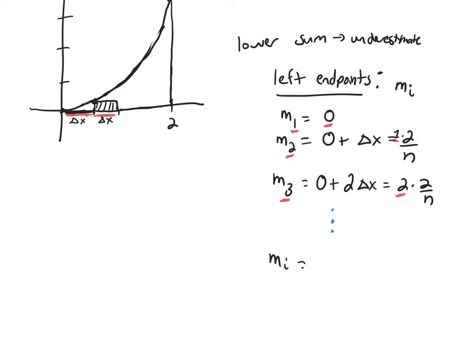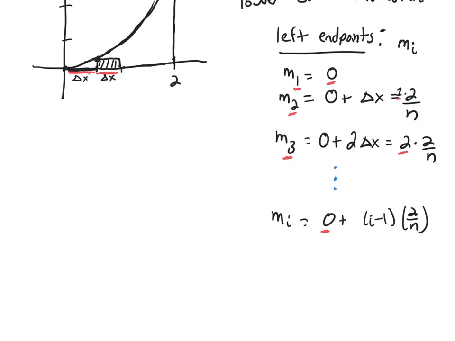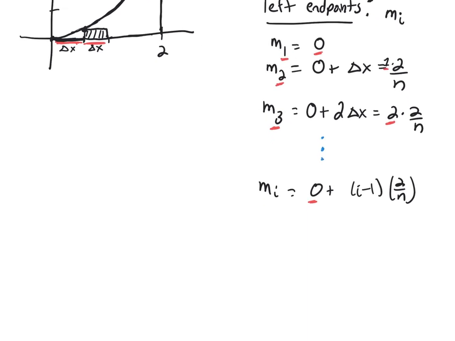So it's always 1 less, so it's going to be 0 plus i minus 1 times 2 over n. Now I put 0 here because that's the start of my interval. If my interval started at a different number, that wouldn't be 0. But in general, m sub i will be i minus 1 times 2 over n.